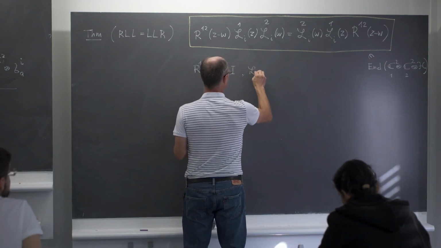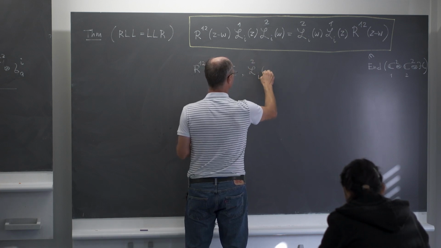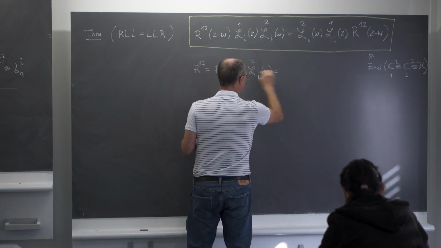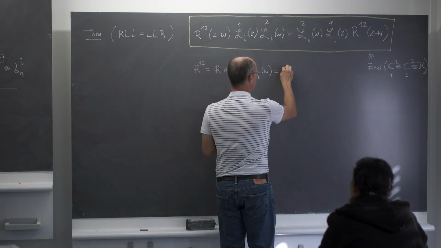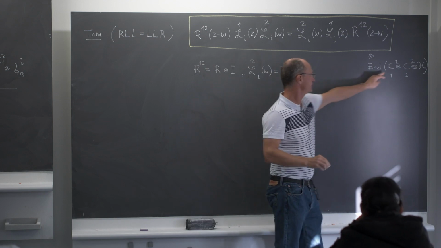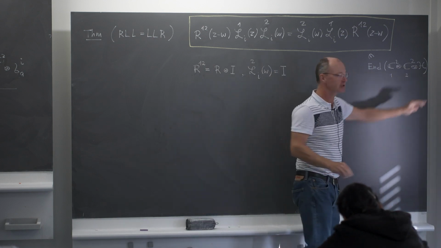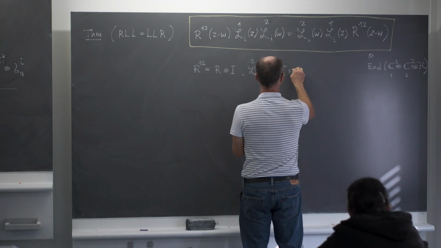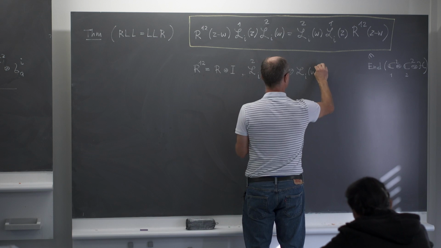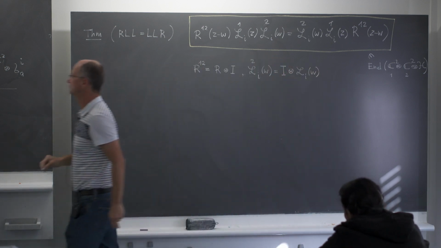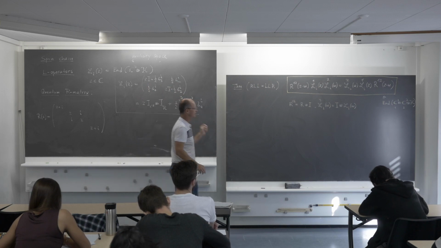Now let me write Li2 of W. So this guy acts by 1 in the first space, and in the product of the second space and H, it acts by Li of W, by this formula.